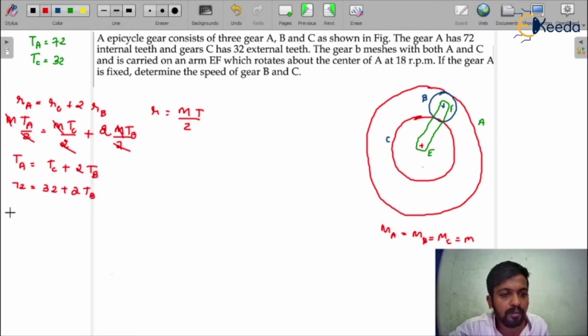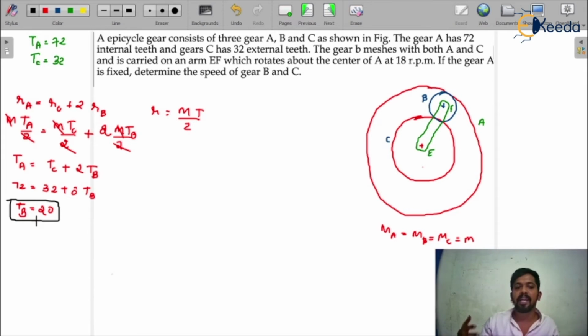So we can calculate the number of teeth on gear B. When you solve this, you get TB equal to 20. So this is the number of teeth on gear B, and now we have the number of teeth on gears A, B as well as C.